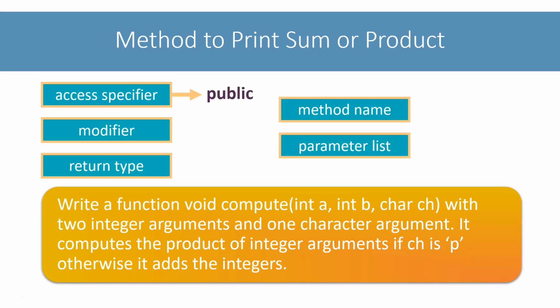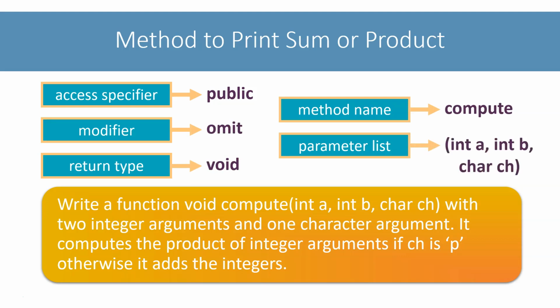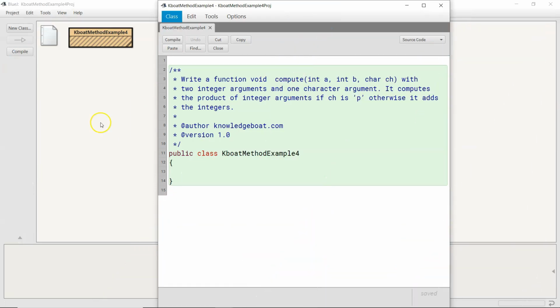Again, writing this public is optional. Nothing is explicitly mentioned in the question about whether the compute method should be public or private. Rest of the prototype is as given in the question. I will go to BlueJ and write this prototype. This is the class I have created for the program.